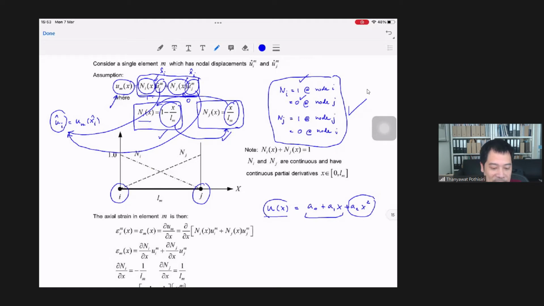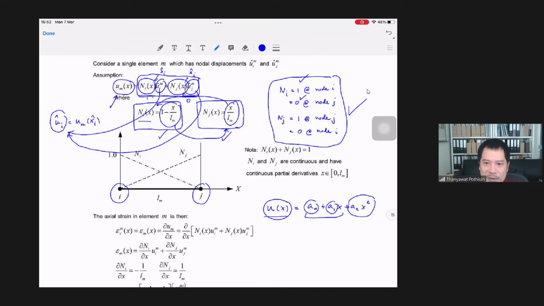Suppose you want to approximate your displacement function by using a linear function, you would have two unknowns here, A0 and A1. These are unknowns because you do not know what their values would be. But what you need to do is find out what they are. So you need to be able to solve for their values.